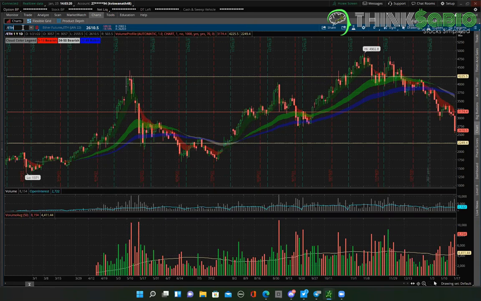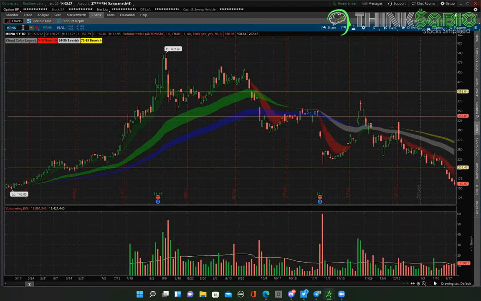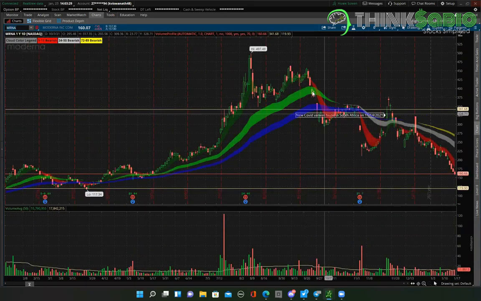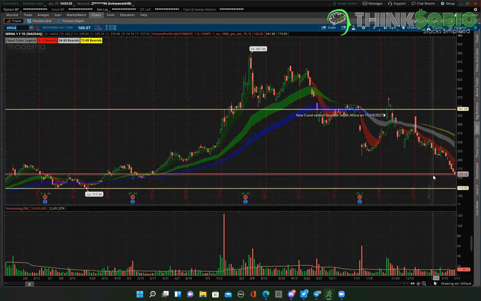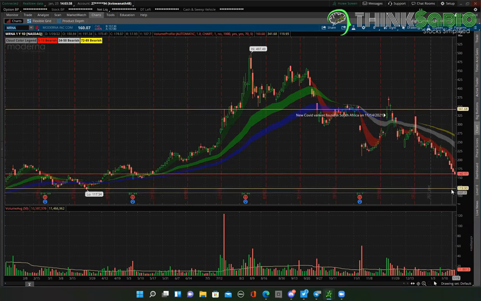Don't just buy anything. So we are going to close the session in the next 2 minutes. I'm going to look at the last few tickers. MRNA, it's actually in a very bad downtrend. It's at a point of control 160. If it breaks this into below 119, it's basically not good.